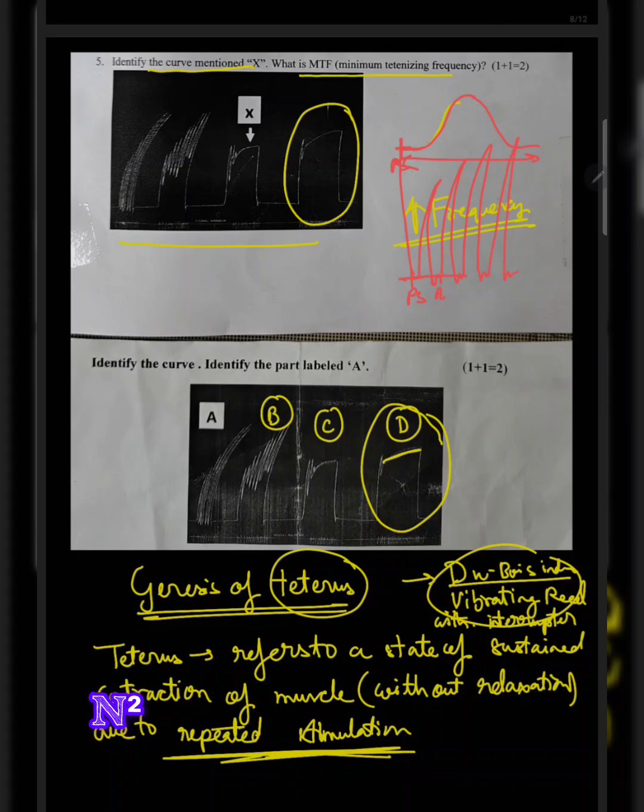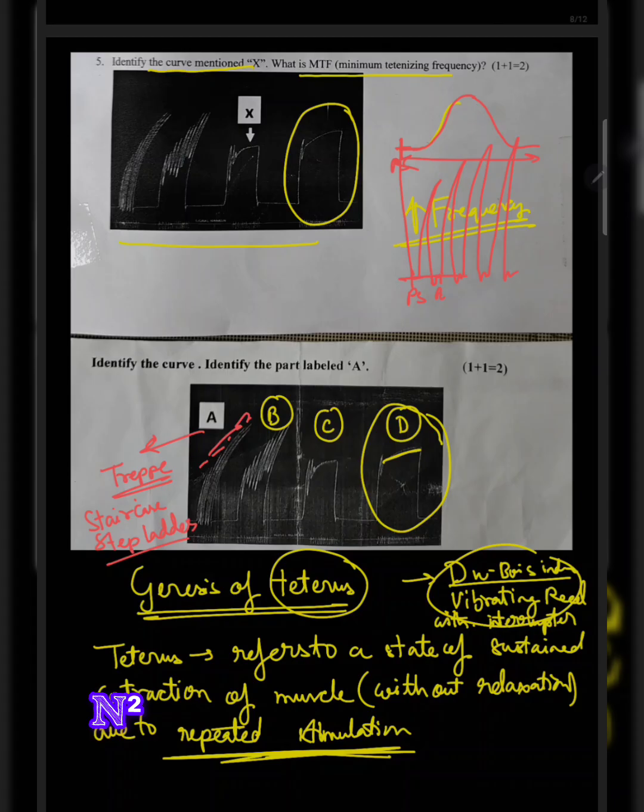So every time it touches the baseline, you get a curve called A. This A curve is given a special name called treppe curve, or staircase curve or step ladder curve, whatever you want to write. It looks like a step, gradually increasing in height. So that's a typical feature.